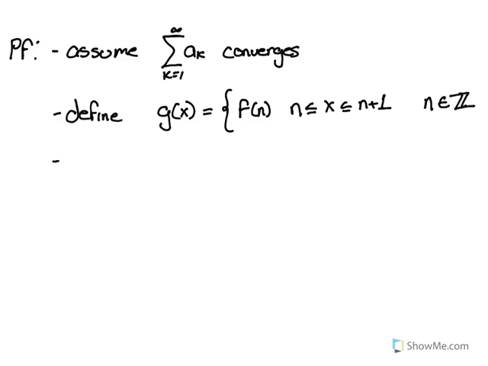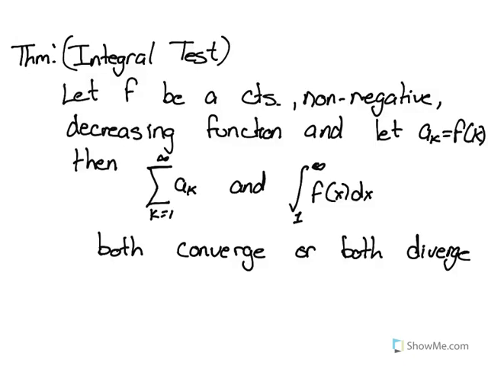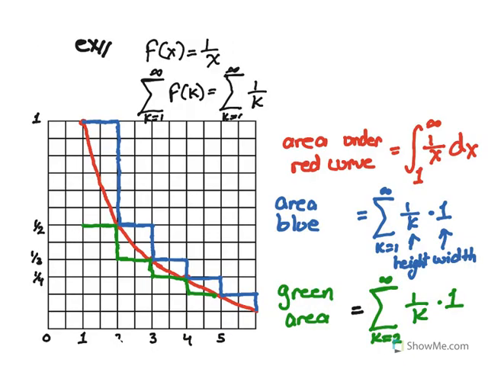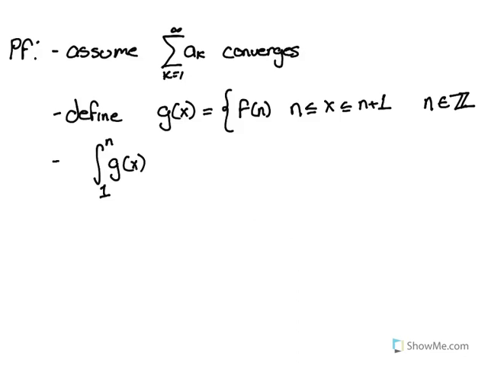And now observe that the integral of g of x from 1 to some integer n, again, going back to the diagram, is just the sum of those rectangles up to n. So it will simply be equal to the sum of f of k times 1 from k equals 1 to n.